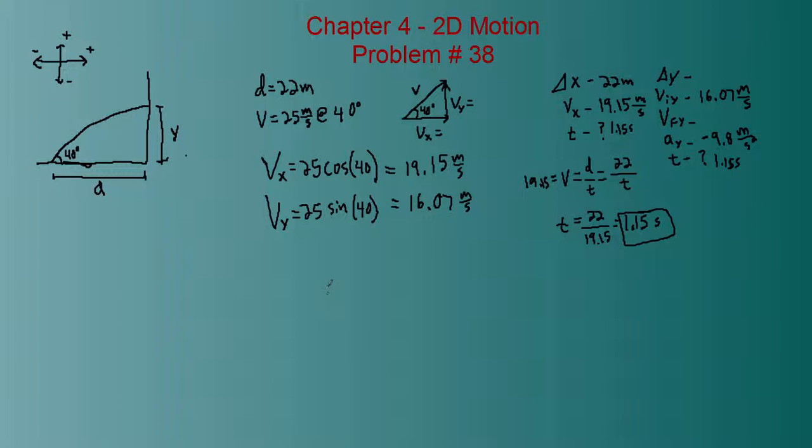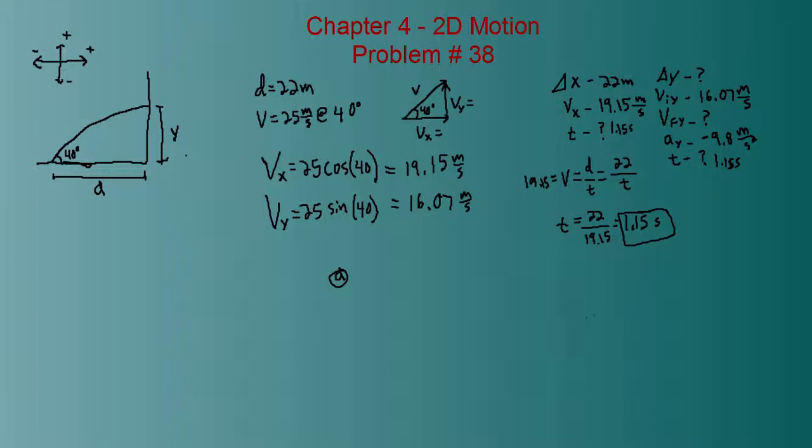What are we looking for? Oh yeah, let's finally do part A. A wants how far above the release point does the ball hit the wall? That's y, right? So we're looking for this. Typically, in the problems in the book and most projectile problems, we don't have to find the final y velocity.